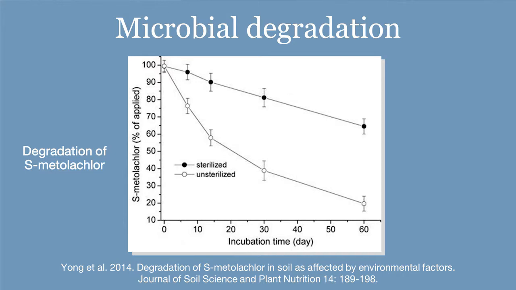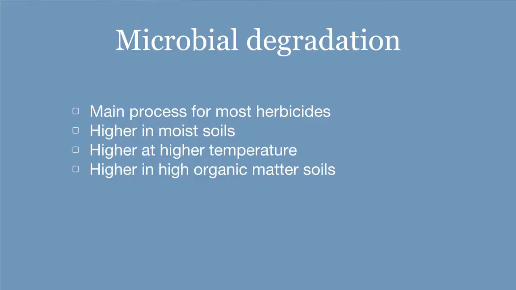If you sterilise soil, after 60 days, there's 65% of the herbicide you applied still there. But if you use unsterilised soil, you're looking at 20% of the herbicide that's left. So it's the microbes that are doing most of the breakdown there. This is true of most of the herbicides we have to worry about. So this means that when we're thinking about herbicide persistence, we're going to worry about what our microbes are up to.